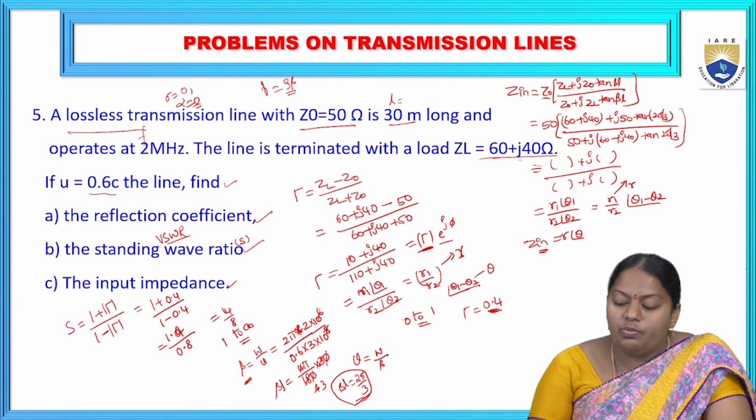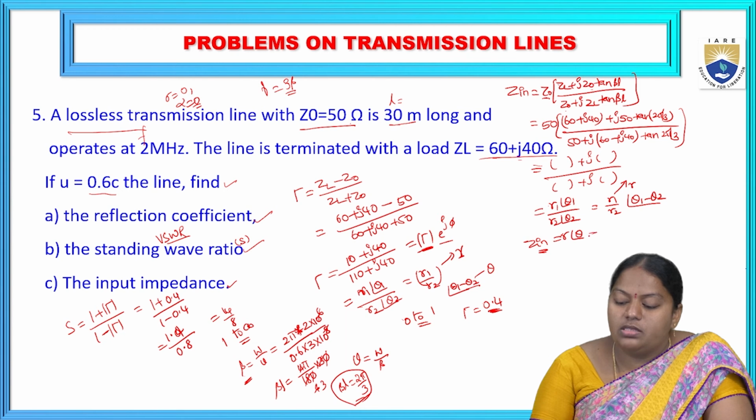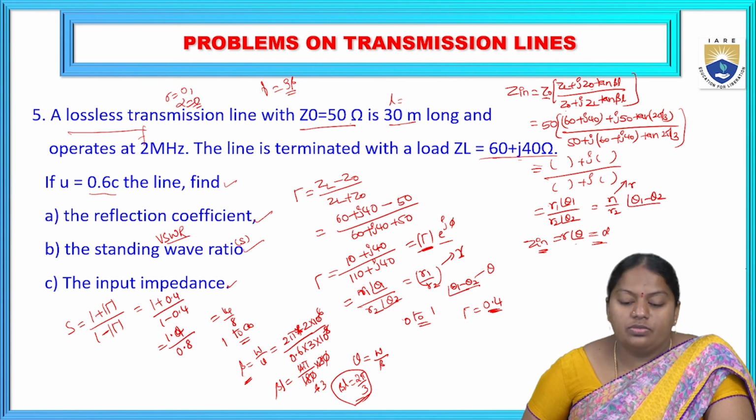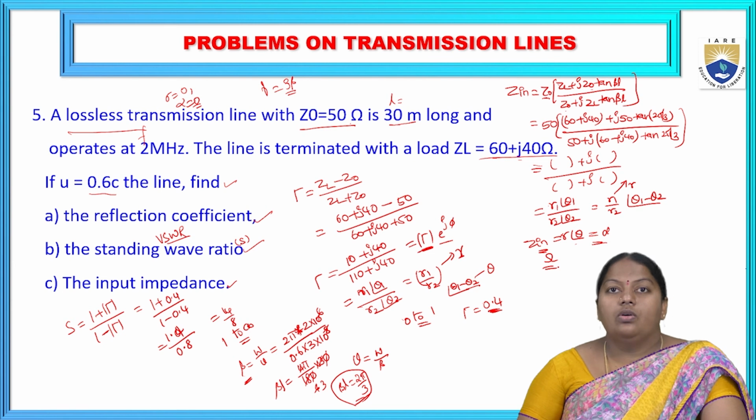But the input impedance will be expressed in phasor form, means some real term and imaginary term can be written. Hence again we have to transform this polar form value into rectangular form, so Zin is equal to some attenuation constant alpha, a real term, plus an imaginary term, which must be obtained in the case of input impedance calculations of transmission lines, and this is measured in ohms.